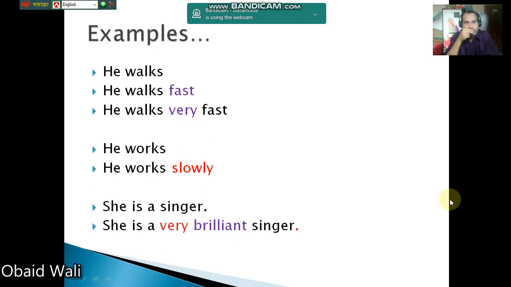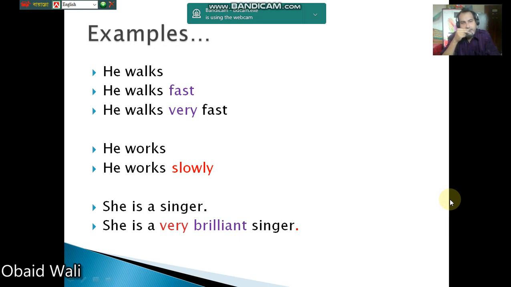He walks fast, he walks very fast. In the first sentence he walks, and in the second sentence he walks fast. So one more word is there in the second sentence, and this word is added and it gives some more information.